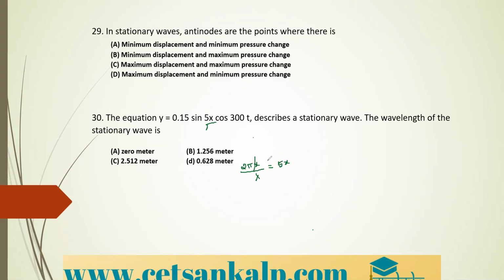Therefore, x will get cancelled on both sides. Transferring lambda to the other side, lambda is equal to 2 divided by pi into pi, which is 2 divided by 5 into pi, nothing but 1.256 meters. In the given options, option B is the correct option here, right?